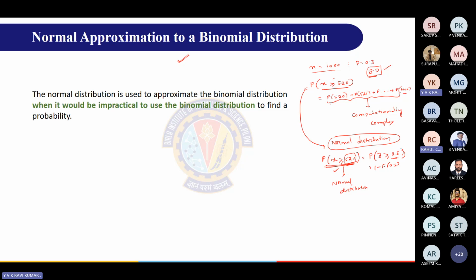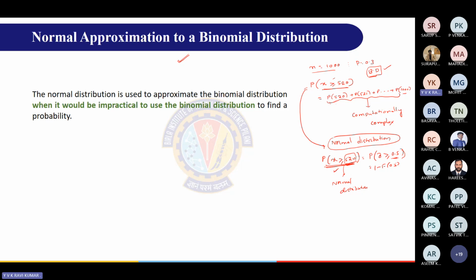Sir, one small doubt. Here one is more on the discrete side and normal is more on the continuous side, right? Yes. I would assume, when you say complexity in computation, is this manual, because in the end this is all done via a program?